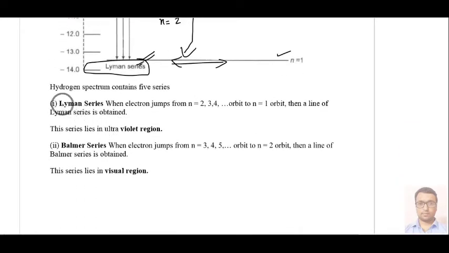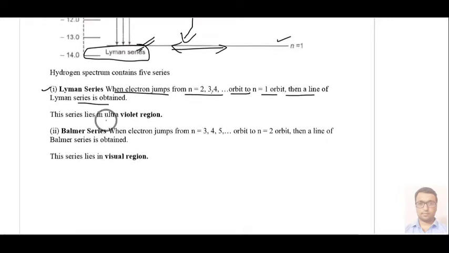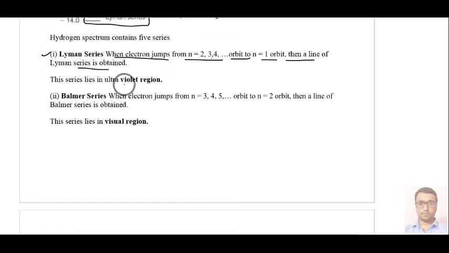Now the same thing is defined over here: for the Lyman series, when an electron jumps from the n equal to 2, 3 or 4 orbit to n equal to 1, a line of the Lyman series is obtained, and this lies in the ultraviolet region. After that, for the Balmer series we have n equal to 3, 4, 5 to n equal to 2.